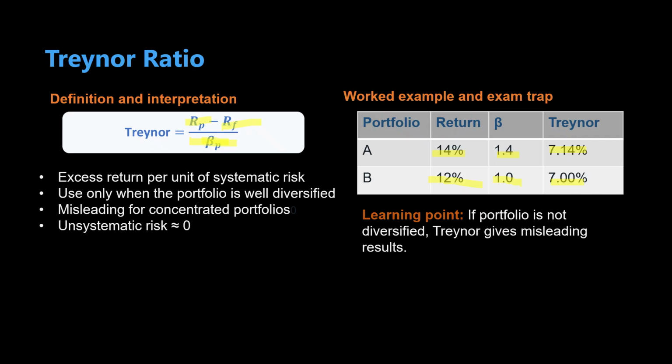If a portfolio still carries significant unsystematic risk, beta alone understates the true risk exposure and the Treynor ratio will overstate performance. For a concentrated or undiversified portfolio, always use the Sharpe ratio instead of the Treynor ratio. This is an important point to remember for the exam.